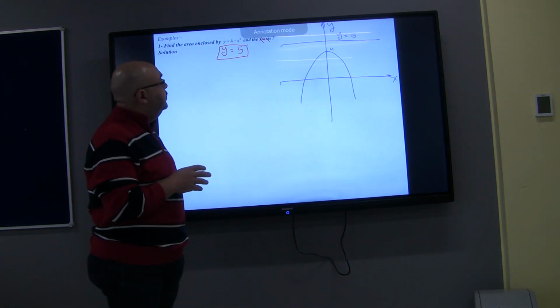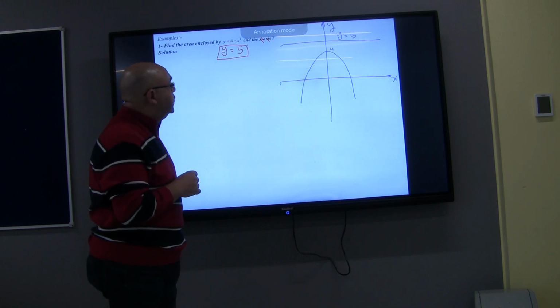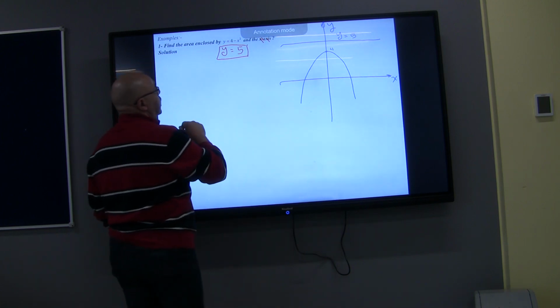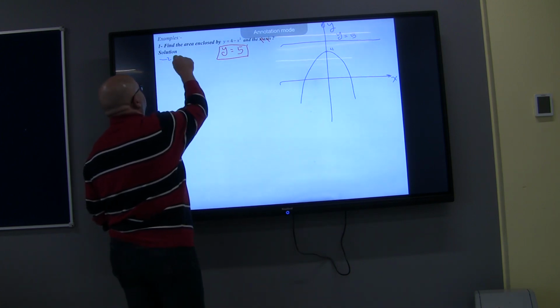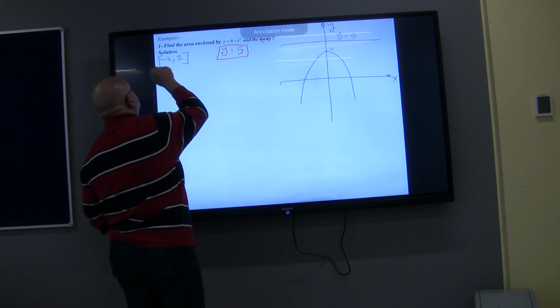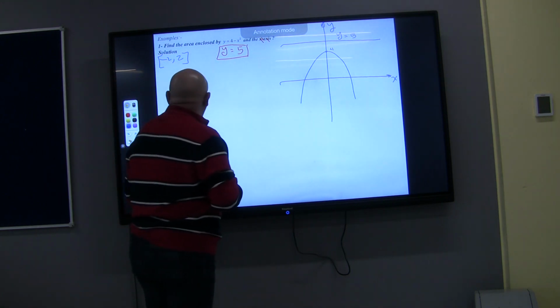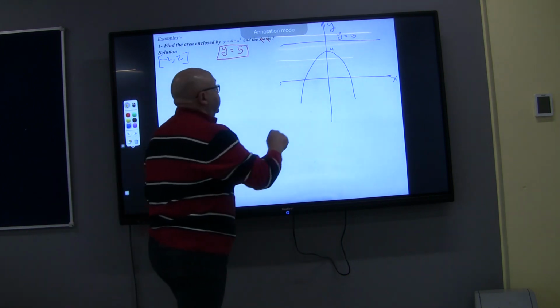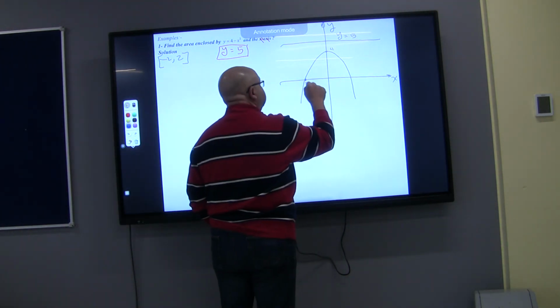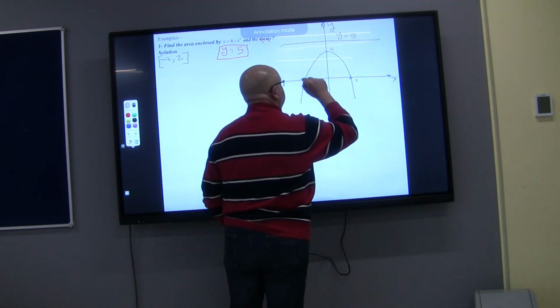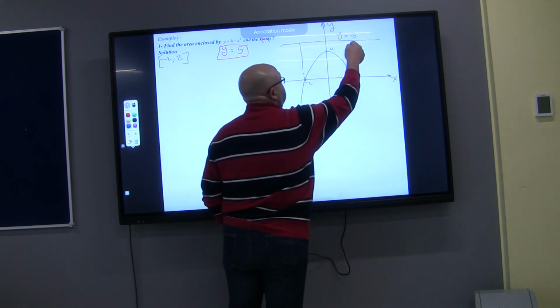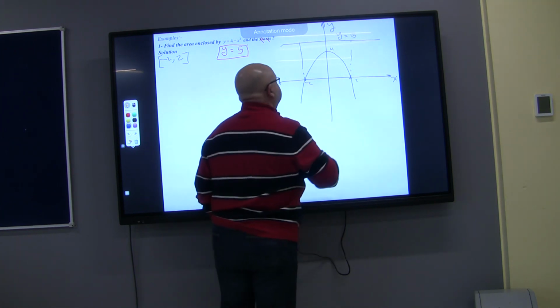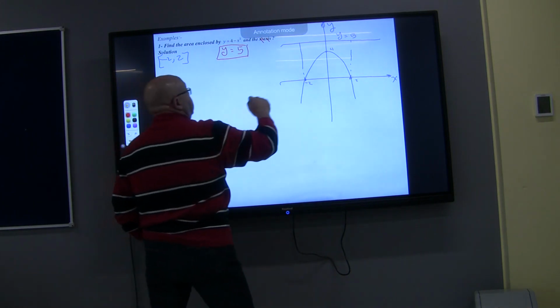If I want to find the area bounded by these curves within the interval from negative 2 up to 2, you will find the negative 2 at this point, and that's the intersection with the x-axis. So this is the area that we want to evaluate.